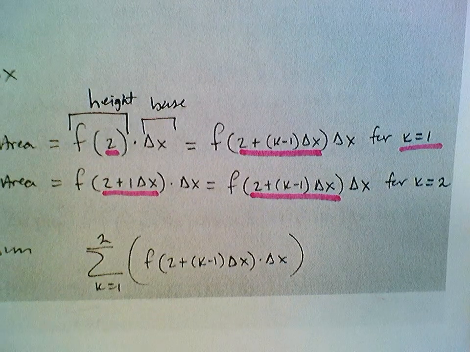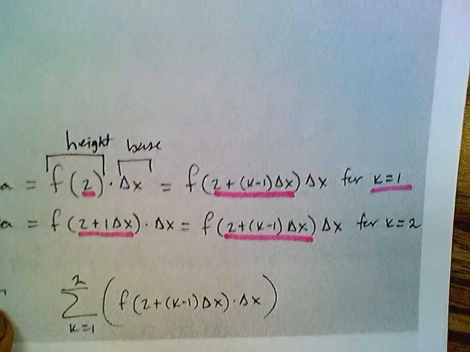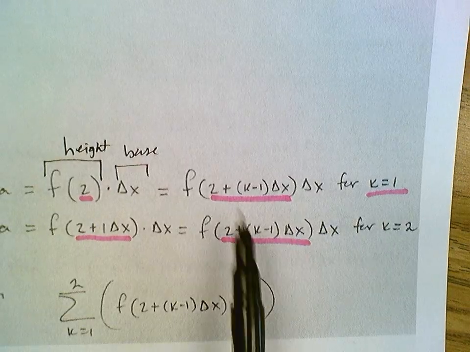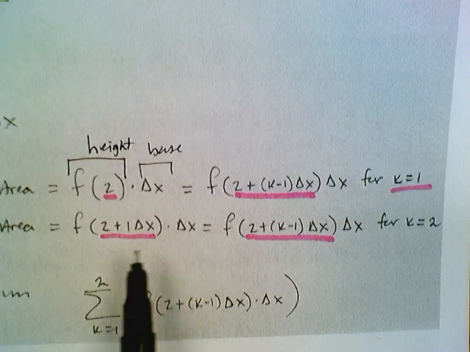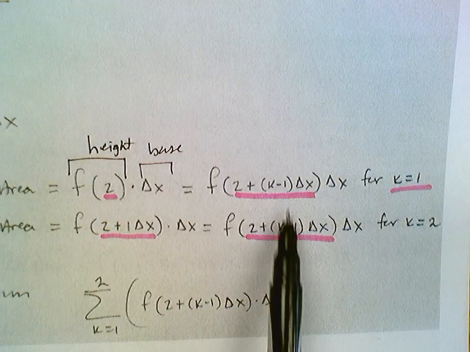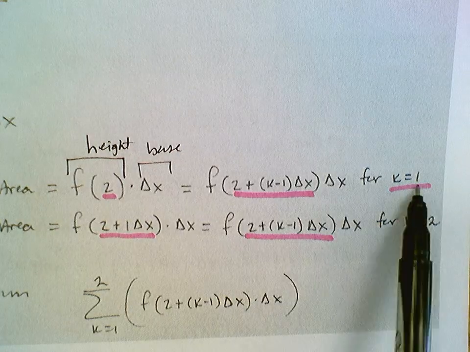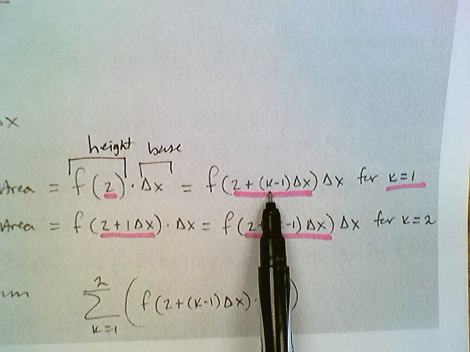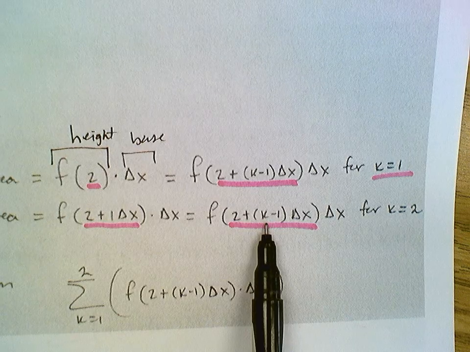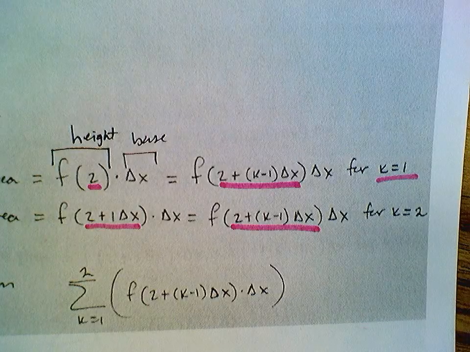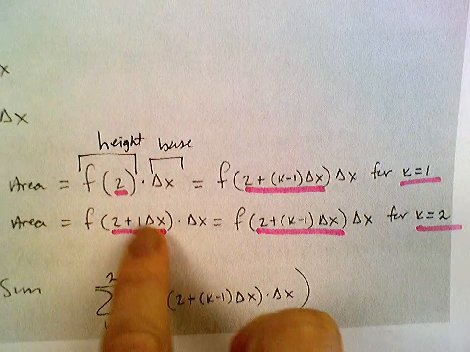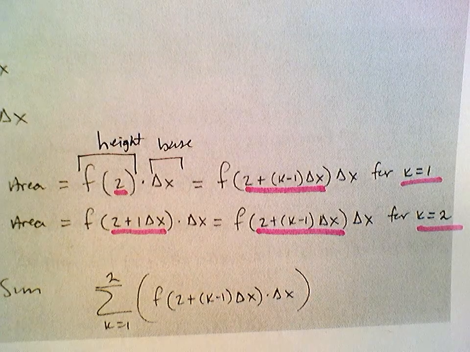So this expression can represent both of these inputs, but for different values of k. If you plug in 1 for k, you end up with just 2. If you plug in 2 for k, you end up with just that. So we have the same expression to represent these inputs.